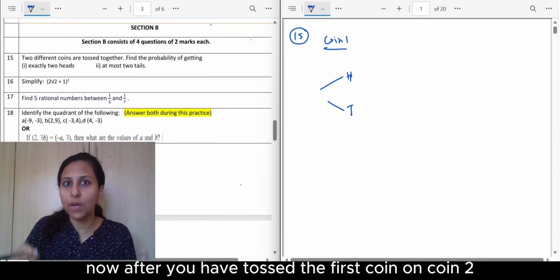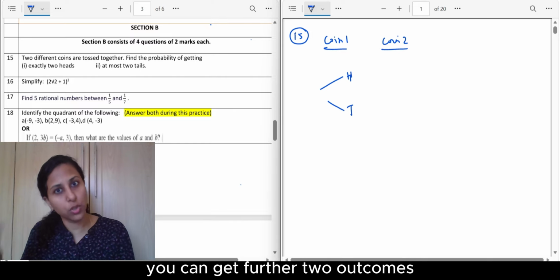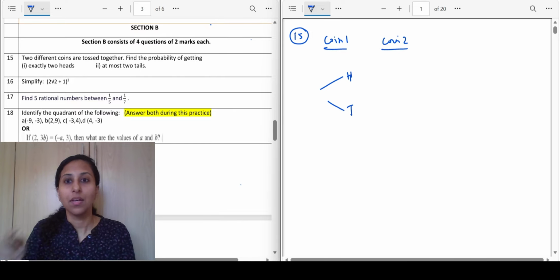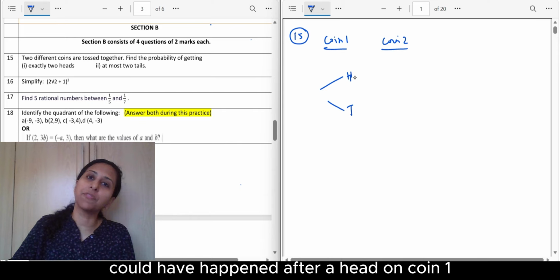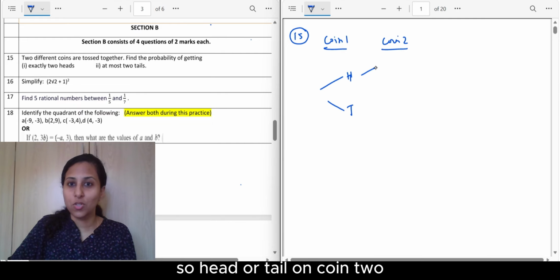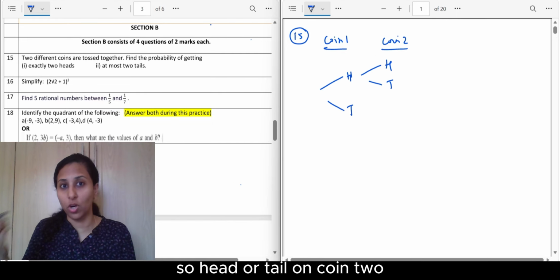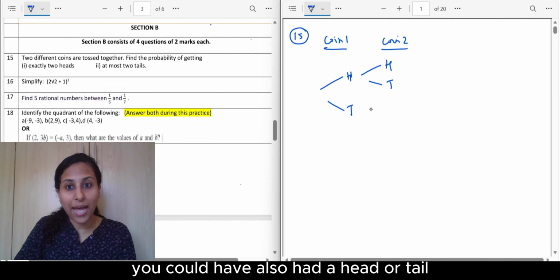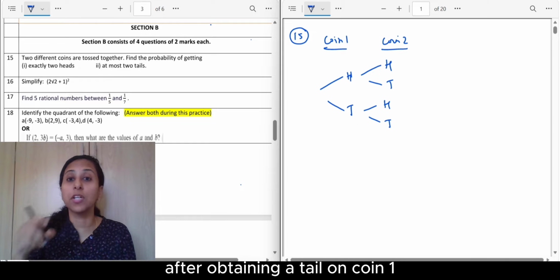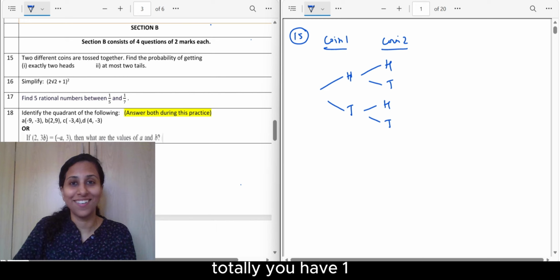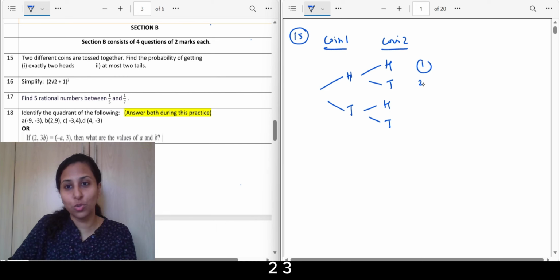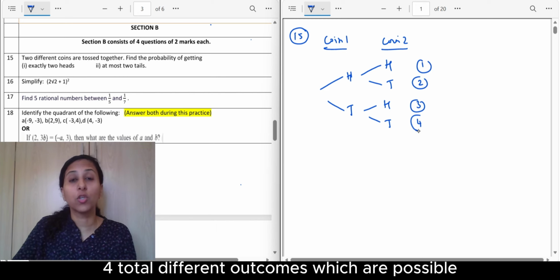Now, after you have tossed the first coin, on coin 2, you can get further 2 outcomes, head or tail again. This could have happened after a head on coin 1. You could have also had a head or tail after obtaining a tail on coin 1. How many outcomes are there totally? You have 1, 2, 3, 4 total different outcomes.